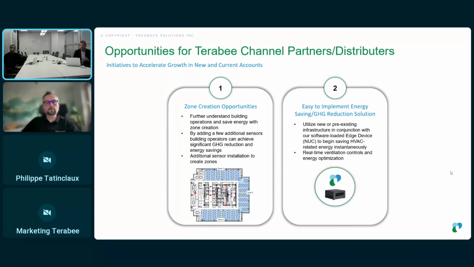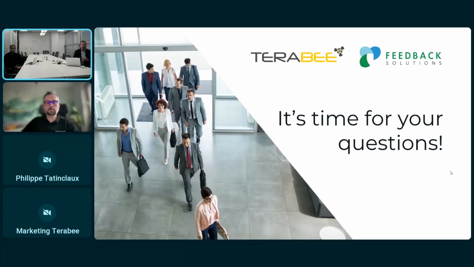So we see that as an ideal use case. Test it where the sensor infrastructure is already in place, and that'll lead to more customer opportunities because you're going to see a really good return on that investment. So I'll stop there and hand it back to the Terabee team.